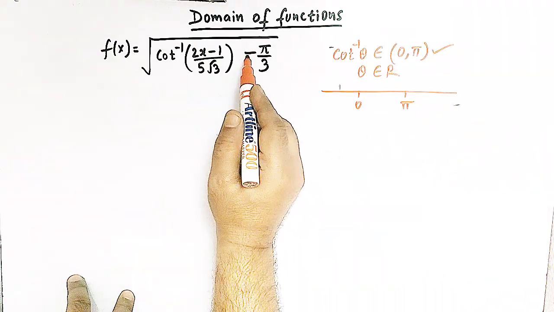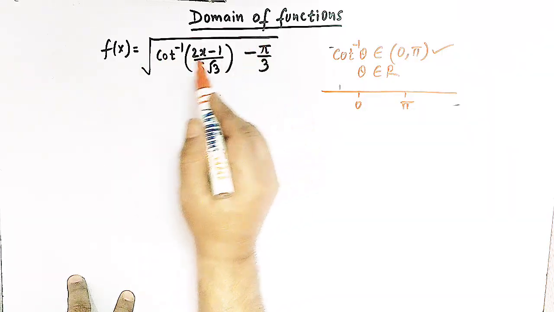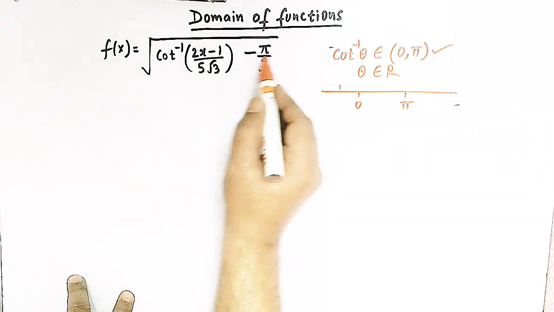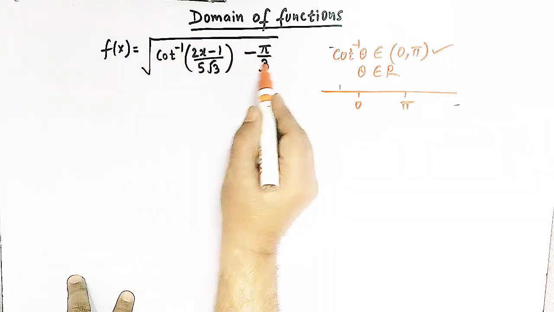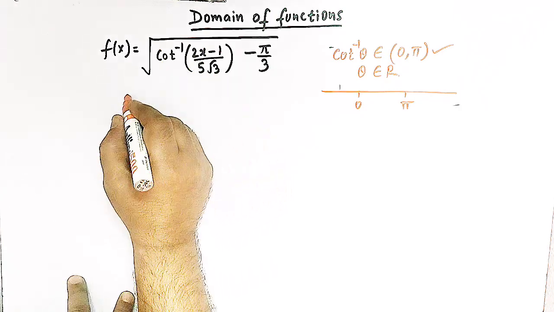Now see, here we have a square root function. So the first condition to get the domain of this function is that the entire term inside the square root function should be greater than or equal to 0.